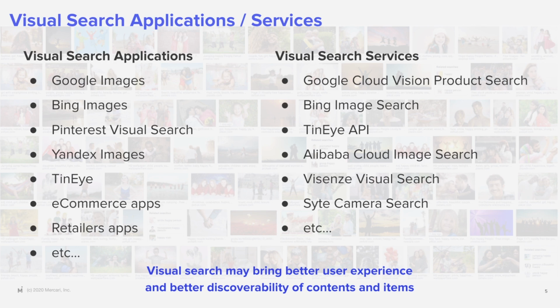In addition to such 2C features, some visual search services are available. So visual search can be integrated without developing visual search core engines using SDKs and APIs like Google Cloud Vision, Bing Image Search, and Vicenze Visual Search.